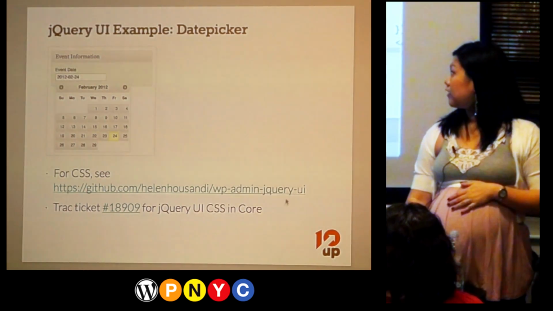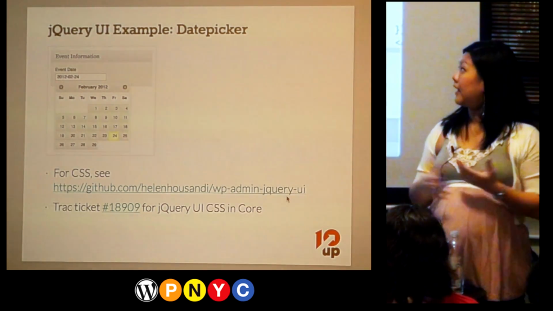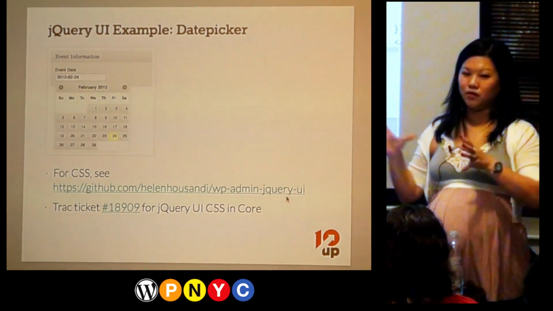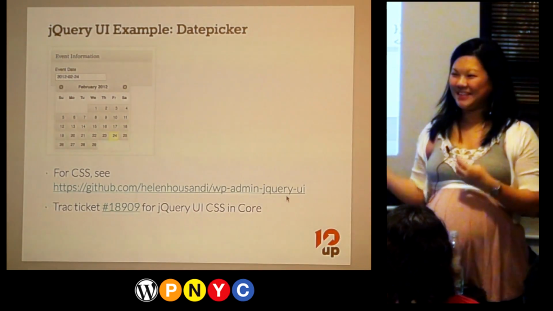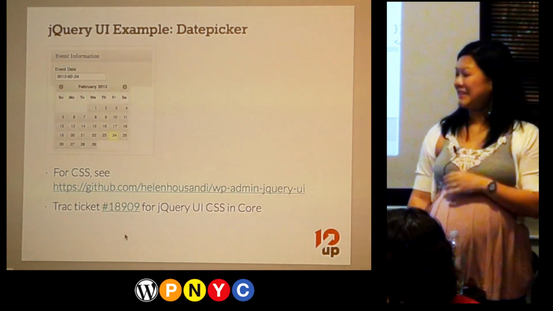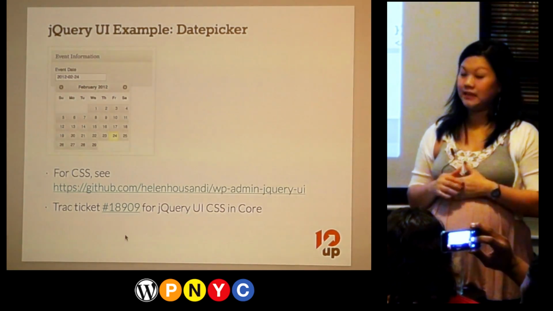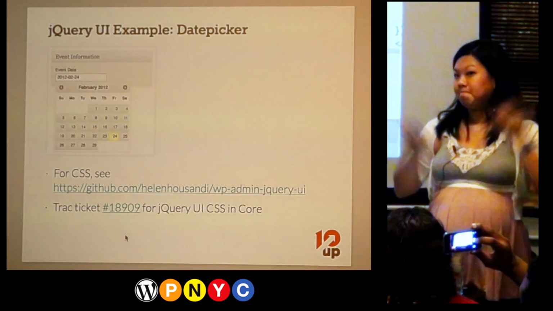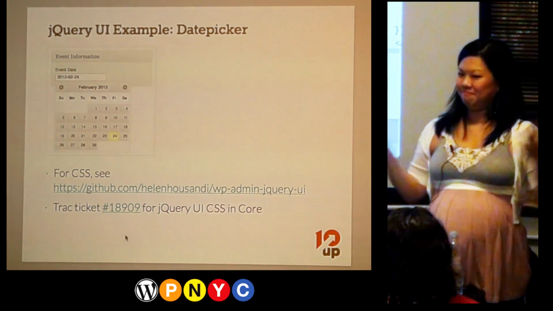So I have a GitHub repo with some CSS. I would love to keep working on it. There's some things that I feel like could look even more WordPressy and less like smoothness, which is basically what that looks like. And I have a track ticket open, which is now like 5,000 tickets old, for jQuery UI CSS in core itself. Again, I think it's more something that just needs bodies on it, because I'm just one person.